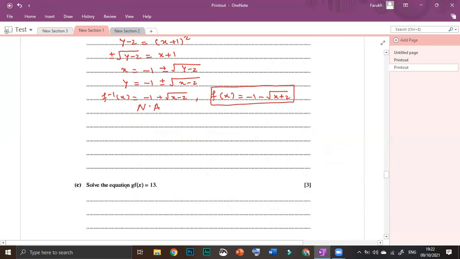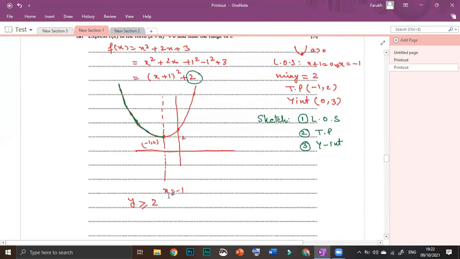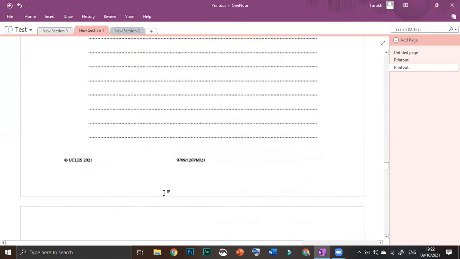Now solve the equation g f of x is equal to 13. First of all, we will find out the composition function, that is gf. The function written on the entire left is g of x. So we will write down g of x. G of x is equal to 2x plus 1.